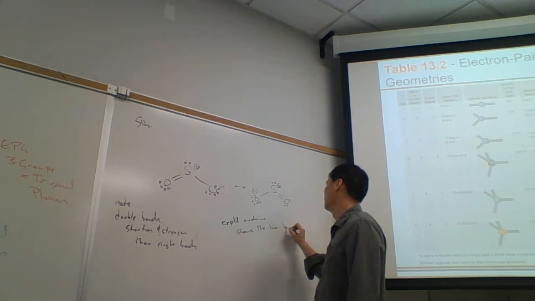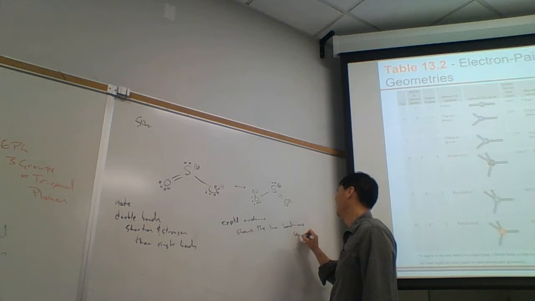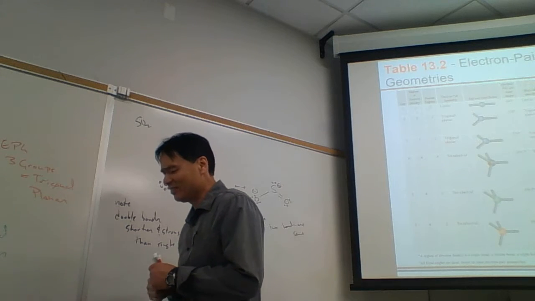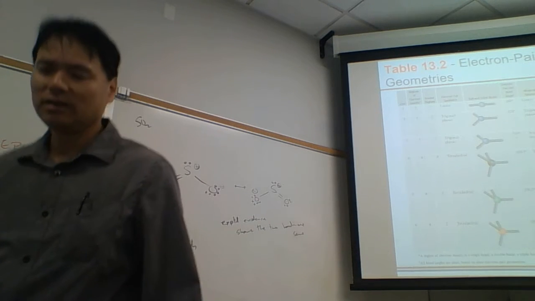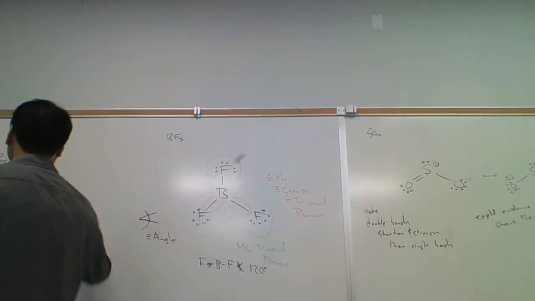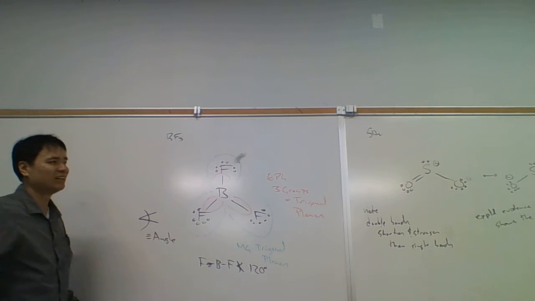Two bonds are the same. And so neither one of these is accurate. And so what people have come up with is this kind of add-on. We're going to do an add-on thing. And that's called the resonance hybrid.